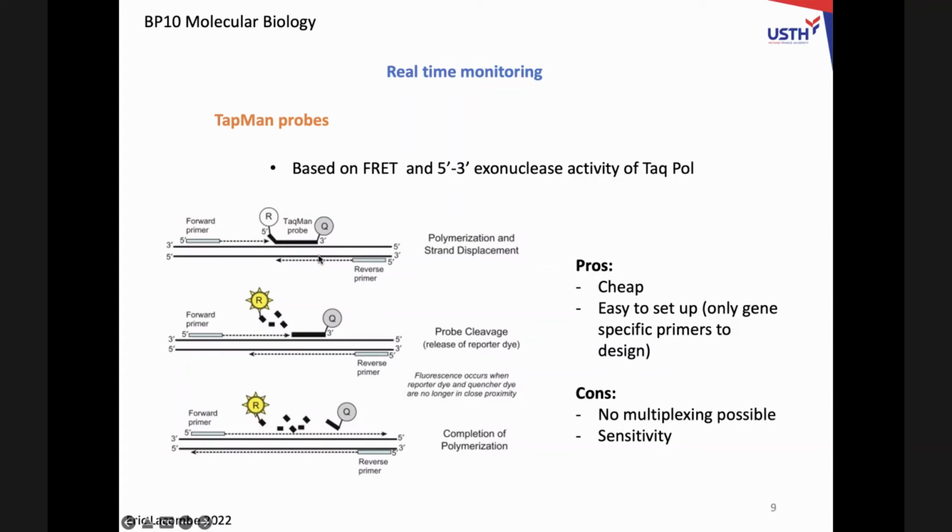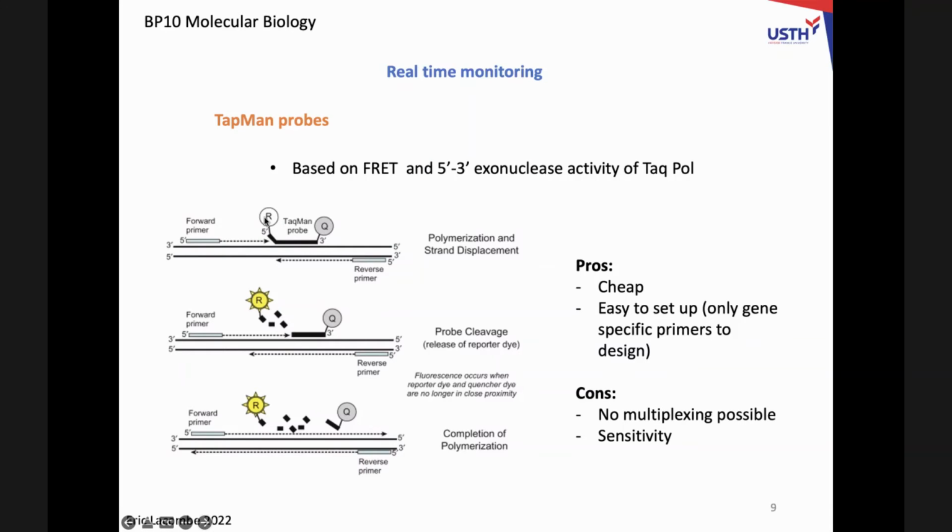And the TaqMan probe is a third piece of single-stranded DNA, so it's almost like a primer that is homologous to the sequence in between the two primers that have been chosen.